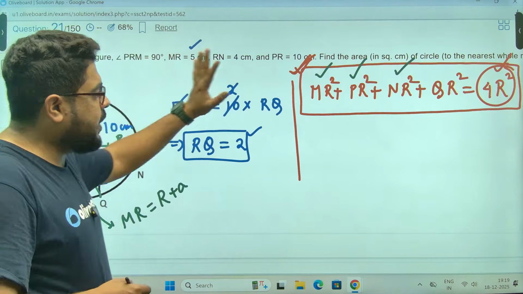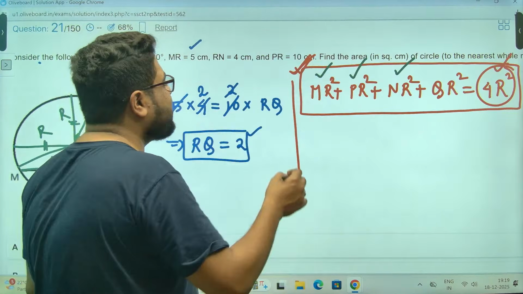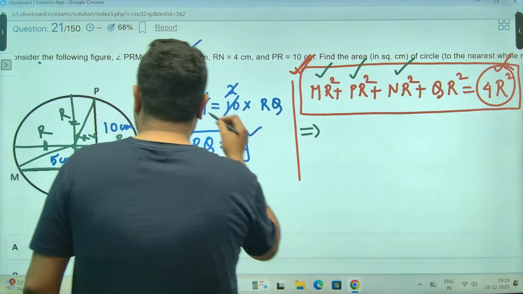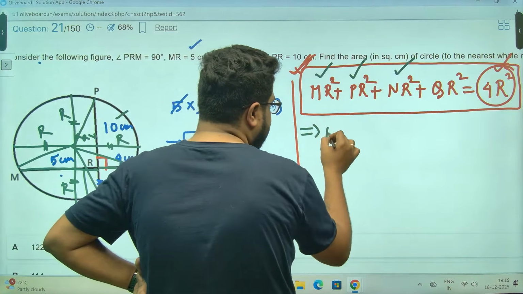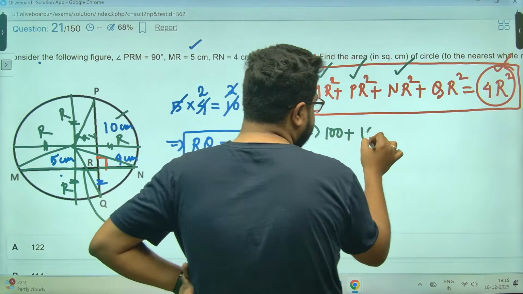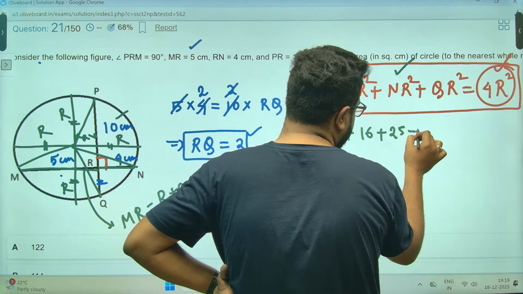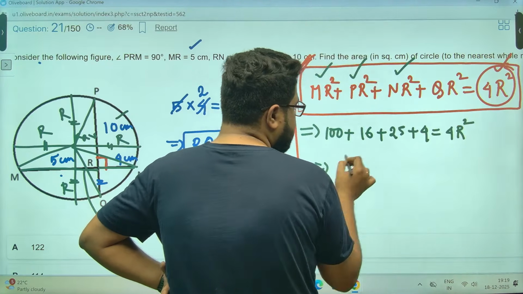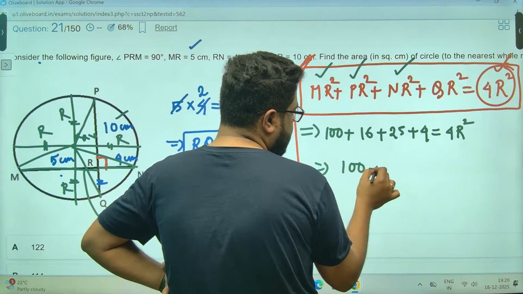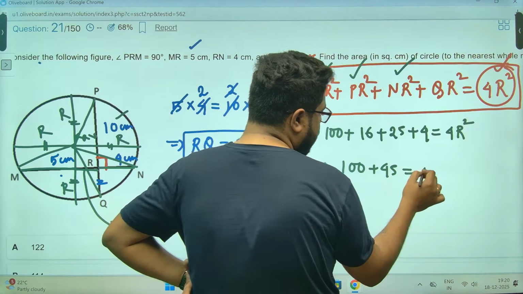But now, if you understand this much, you just put the values. All 4 values you now know: 10, 4, 5, 2. So just put it: 100, 16, 25, 4. 4R square, sir. So 100 plus 16 plus 25 plus 4 is 145.